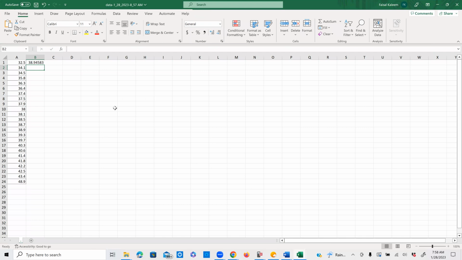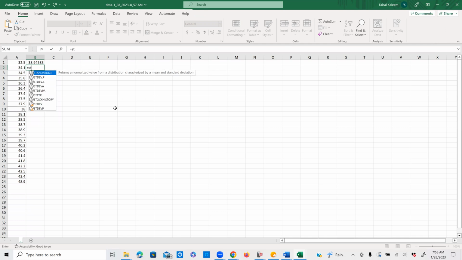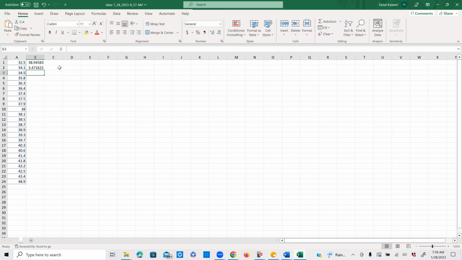The command for standard deviation is equals ST. So this one is a sample, so we do standard deviation dot S. And once again, we highlight all the data, and we enter. The standard deviation is 3.472.